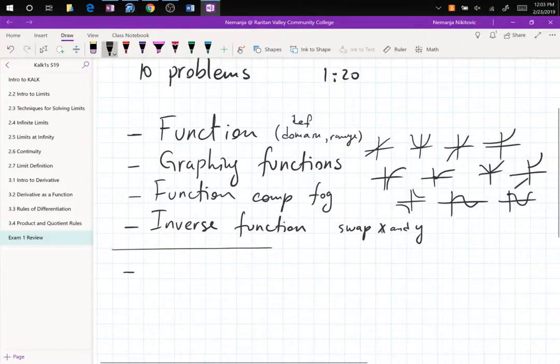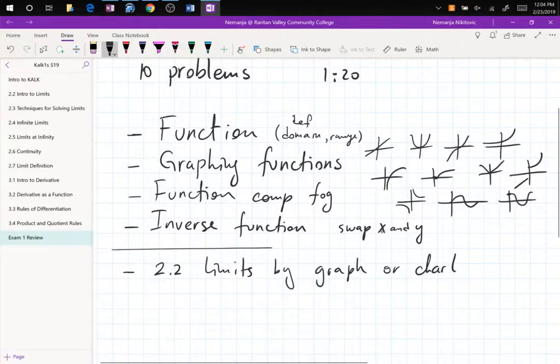Then we are moving into 2.2, limits by graph or chart, table of values. 2.3, limits by algebra.